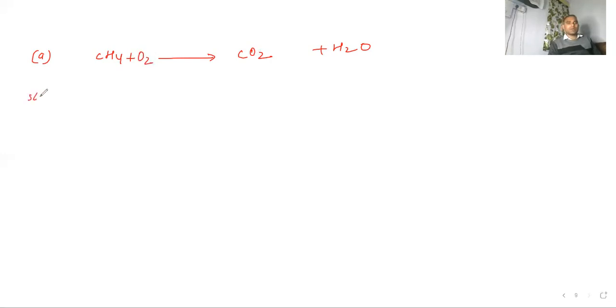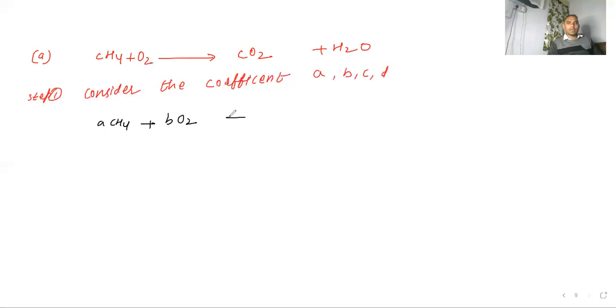Okay, so step number 1: consider the coefficient. What coefficient? We have to consider A, B, C, and D. So you can write A mole CH4 plus B mole O2 giving C mole CO2 plus D mole H2O.